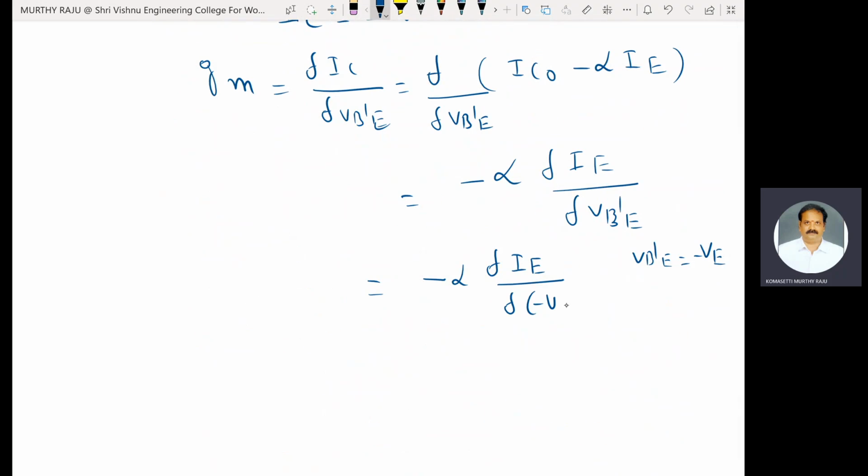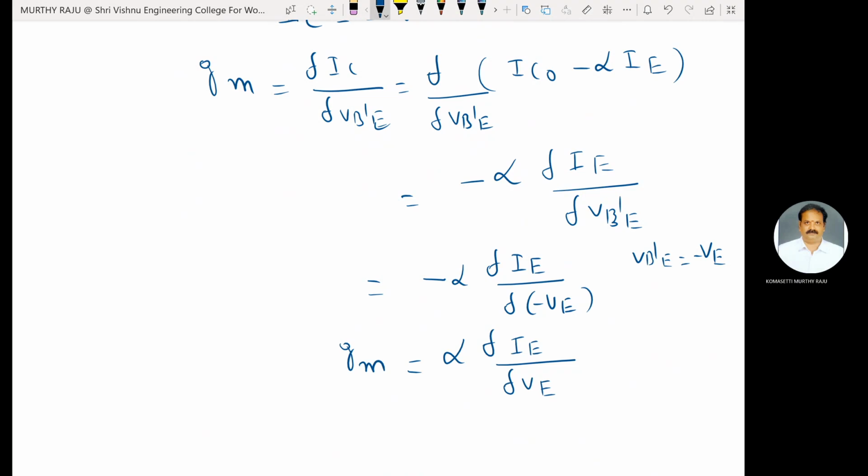Dou of minus VE, that is equal to alpha into dou IE by dou VE. That is gm, transconductance gm.